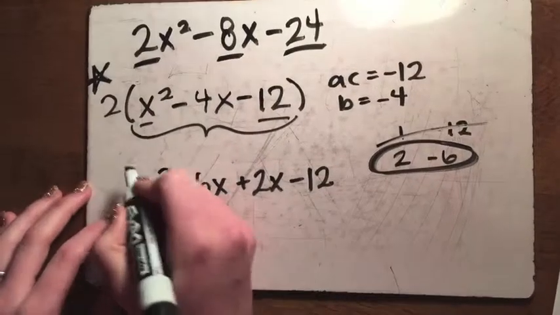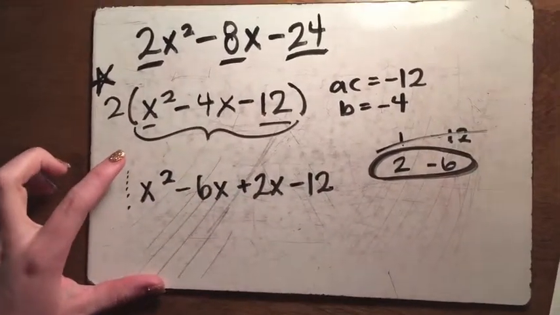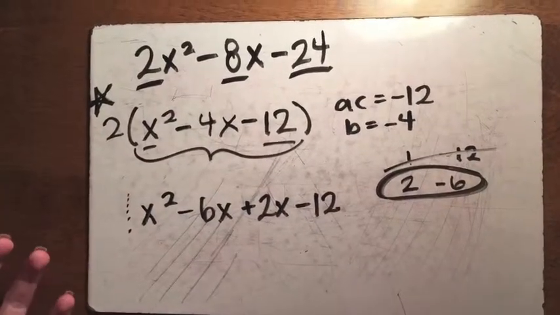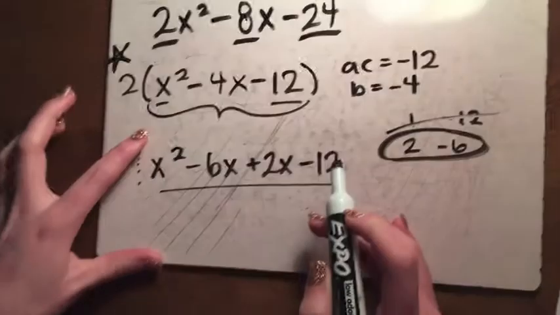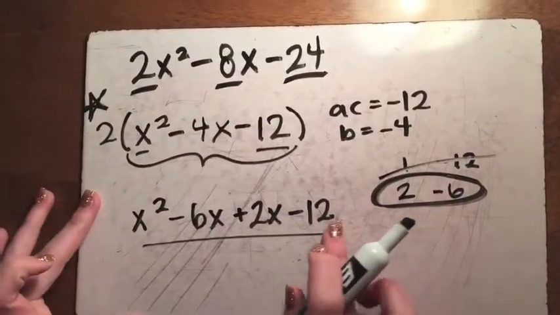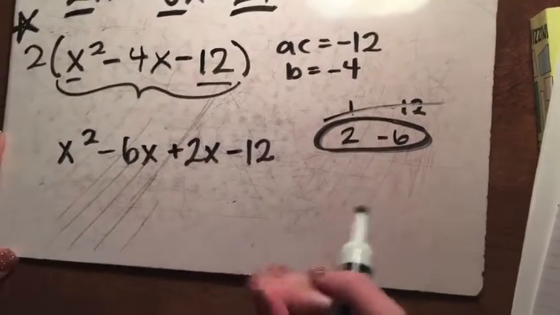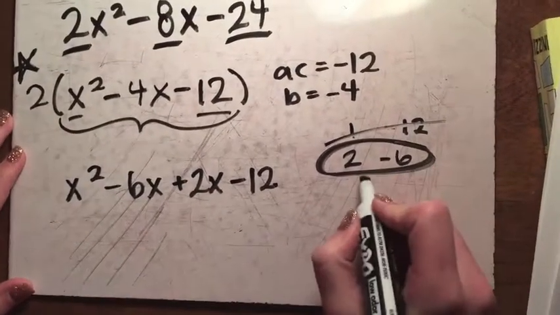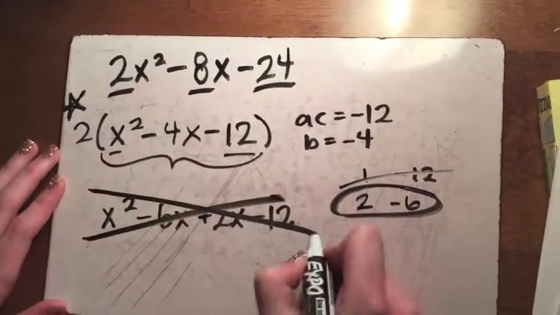So if your A is 1, the factors automatically create the binomial. You don't even need to do this step right here, which is what I actually did on my paper when I was planning this out. So I know that the factors are negative 6 and 2, so I don't even need to do this part.